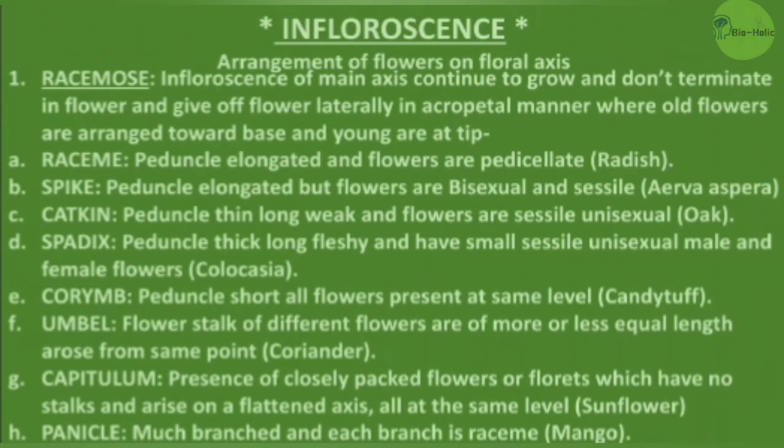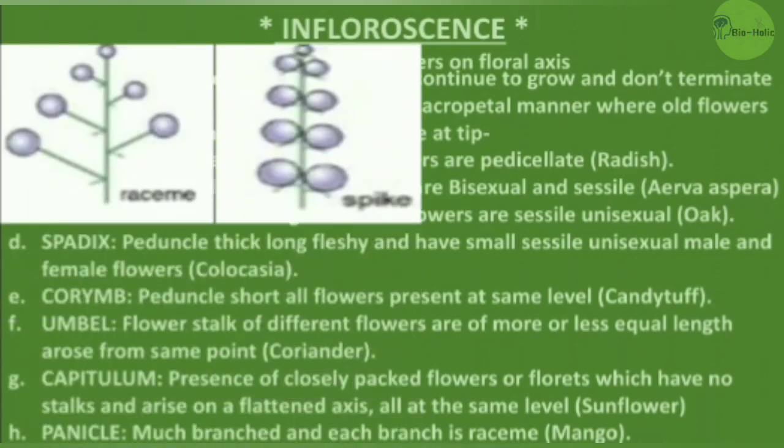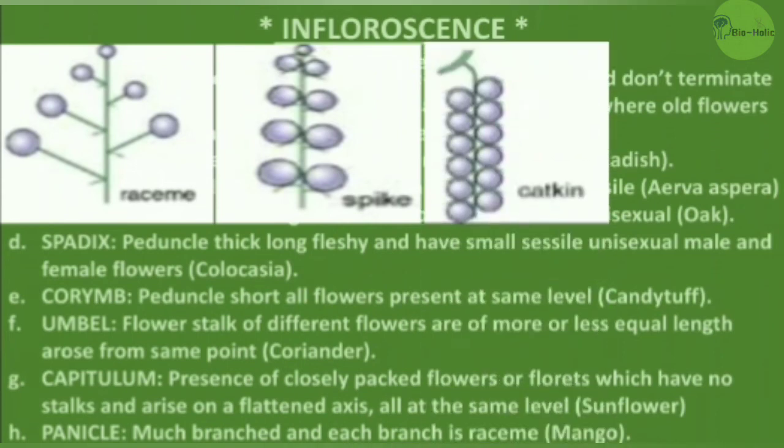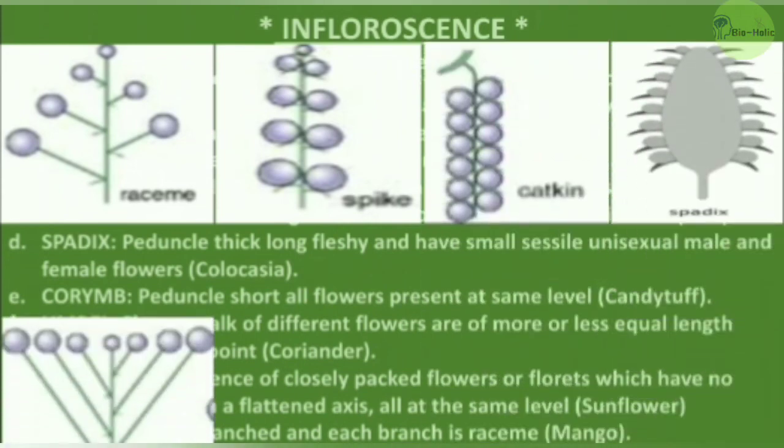This can be of many types: the raceme, the spike, catkin, spadix, corymb, umbel, capitulum and panicle. Raceme, spike and others are given.